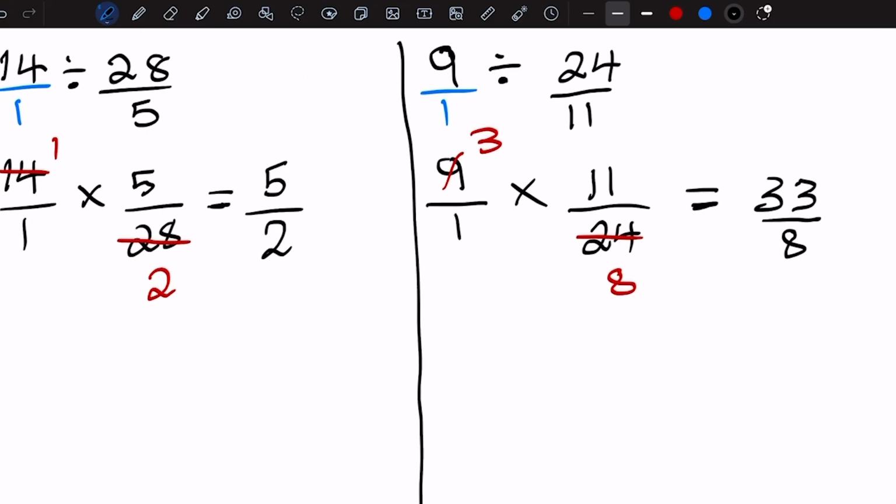I'm going to try 2 more. Let's say we have 3 over 5. We're going to divide that by 12. Though the whole number is on the second part now, it still remains the same.